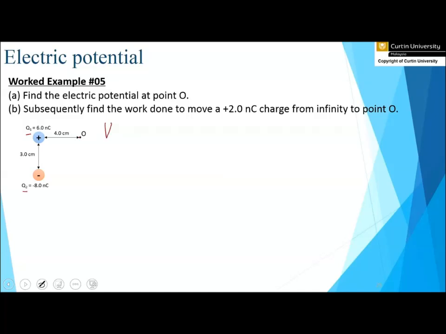So the potential at point O equals the potential contributed by Q1 plus the potential contributed by Q2. So KQ1 divided by R1 plus KQ2 divided by R2.